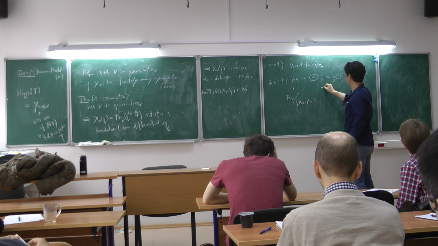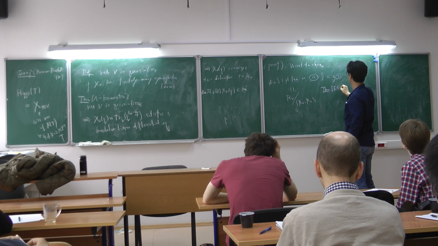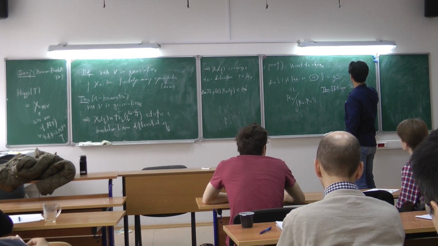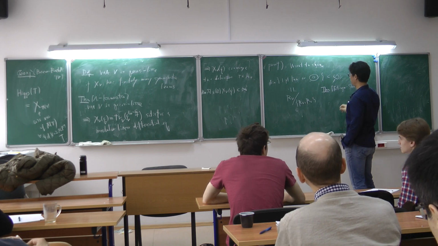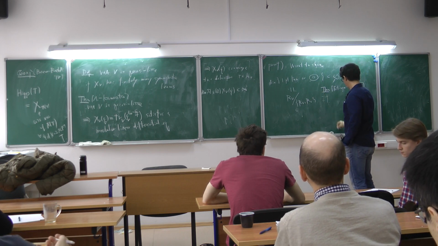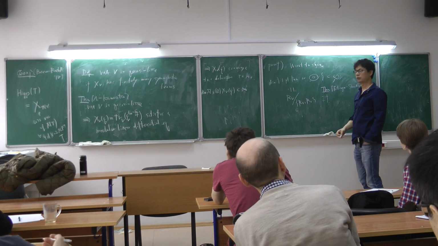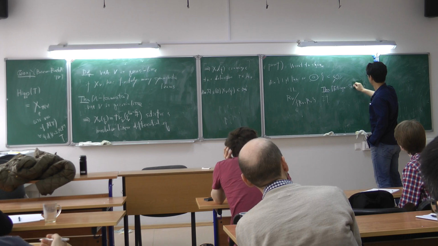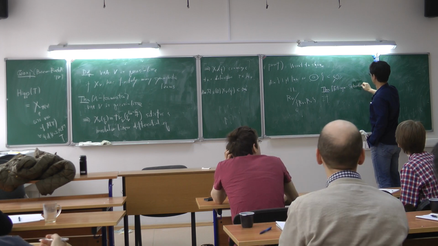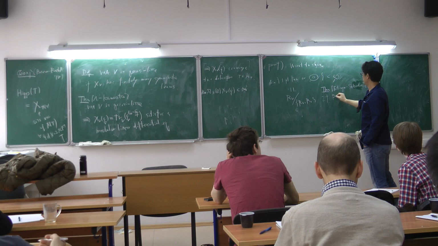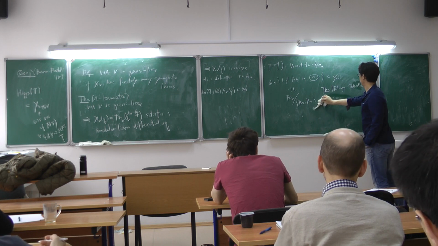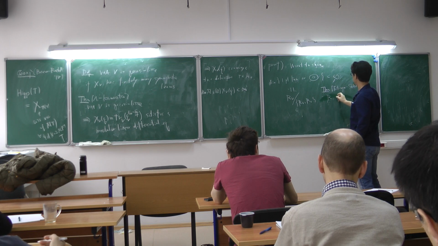And there's a theorem of Etingof and Schedler, which says the following: let R be a Poisson algebra.